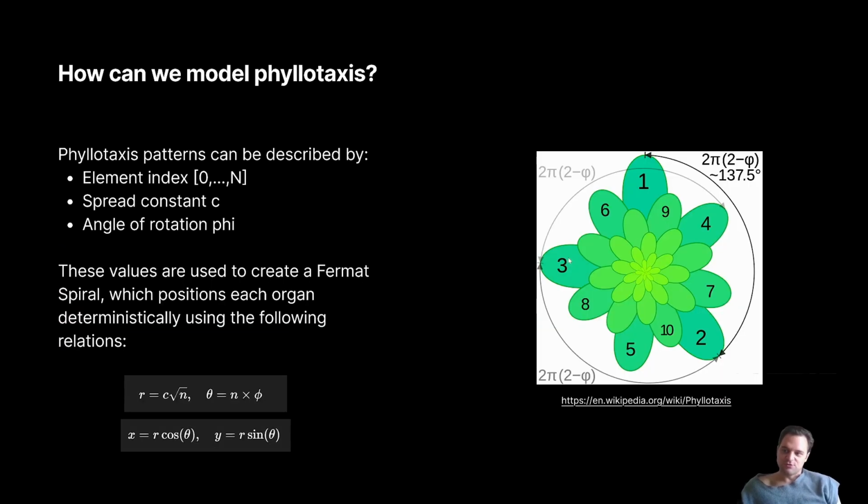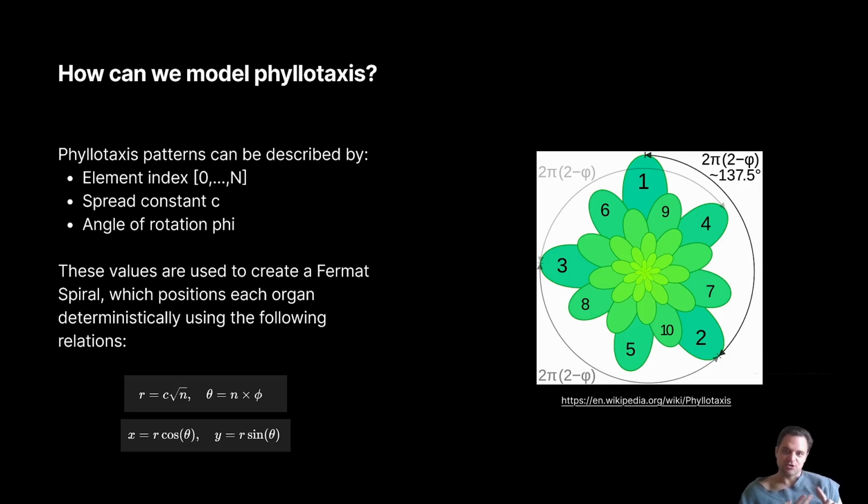And so often I use element or organ in place of point, because each of these really represents a petal, a leaf, a frond, a stamen, etc. So we need the index, we need the spread constant, and then the angle of rotation.